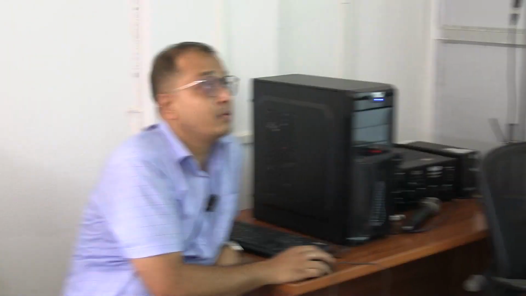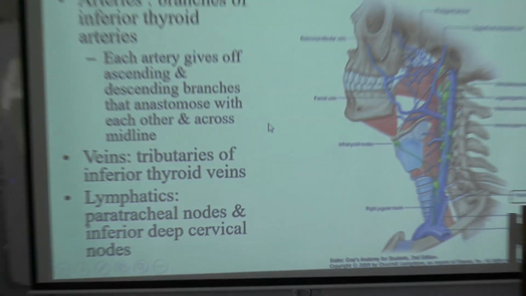It forms a venous plexus around it, draining to the inferior thyroid vein. The lymphatic drainage goes to the paratracheal group of lymph nodes and the deep cervical group of lymph nodes.